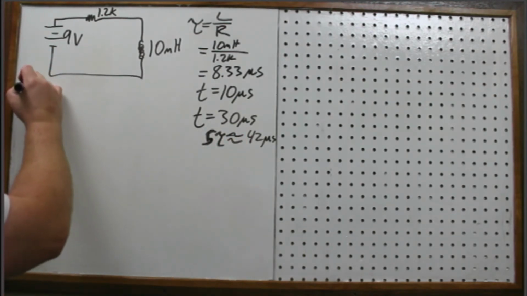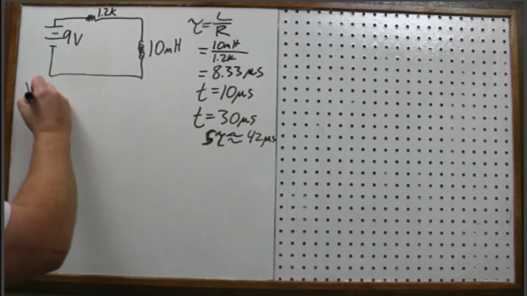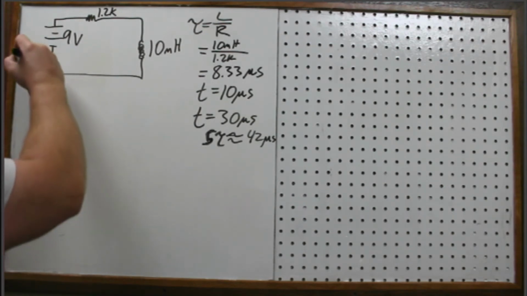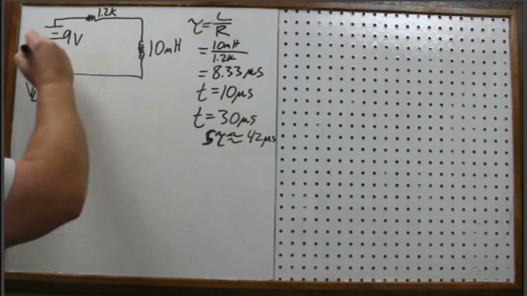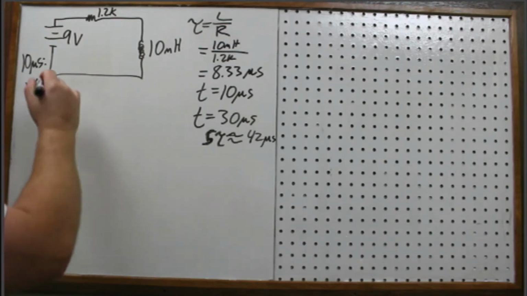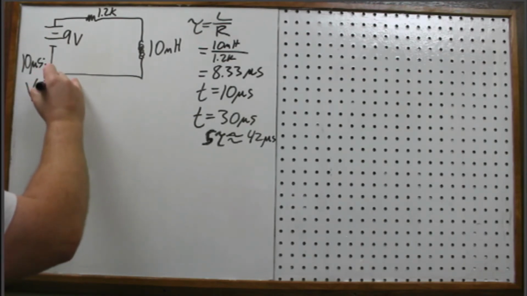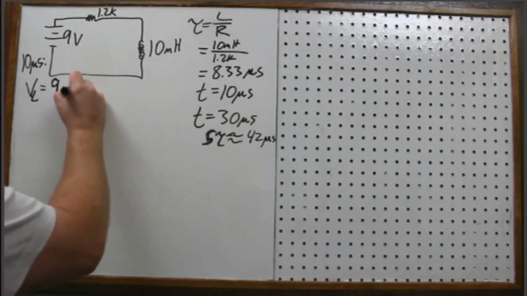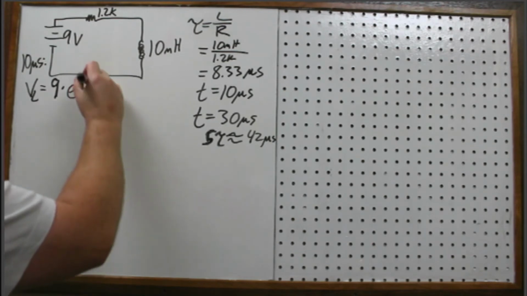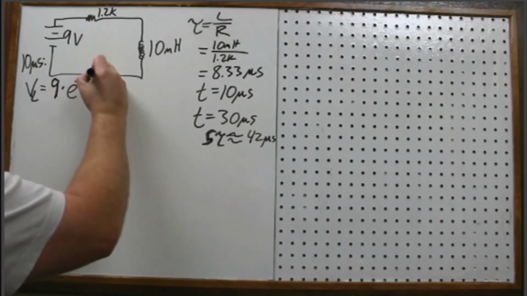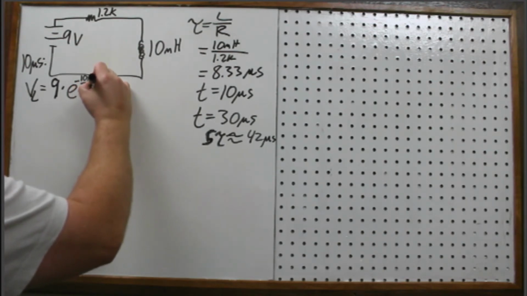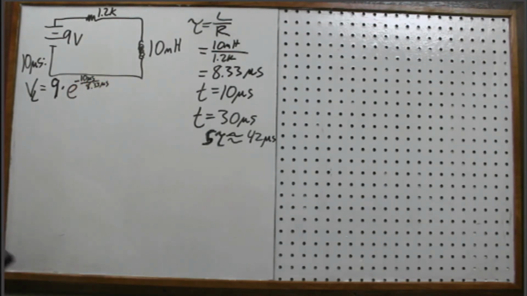So the voltage on the inductor at 10 microseconds. I'm not going to do the time. So we've got the voltage of the source, 9 volts. Now remember, this one is a decay, so e to the negative 10 microseconds over 8.33 microseconds.